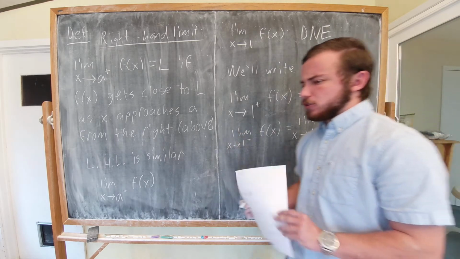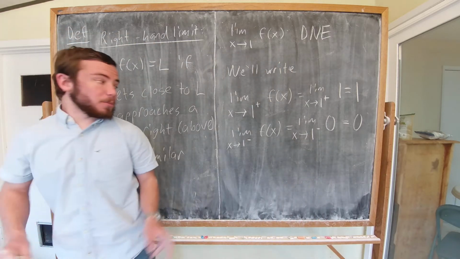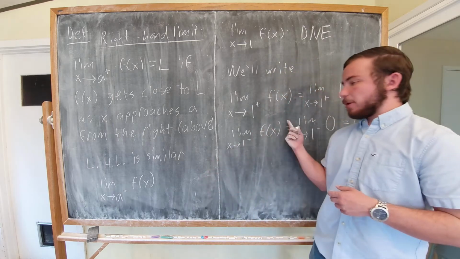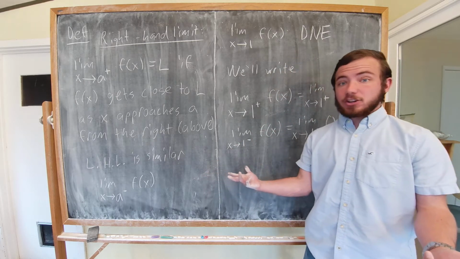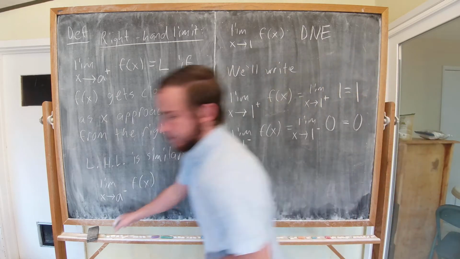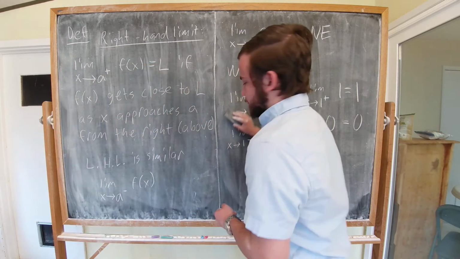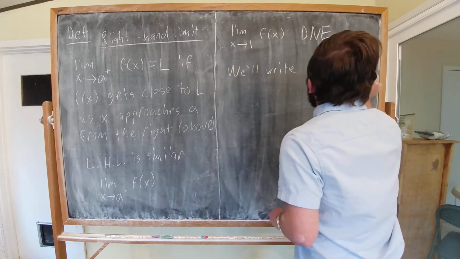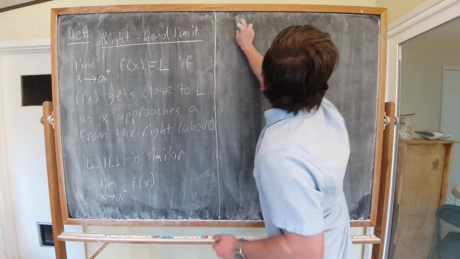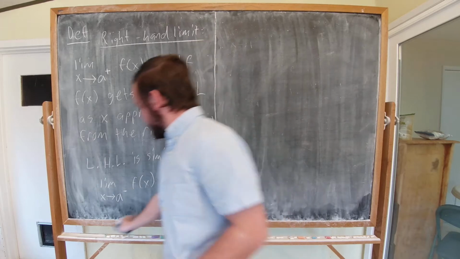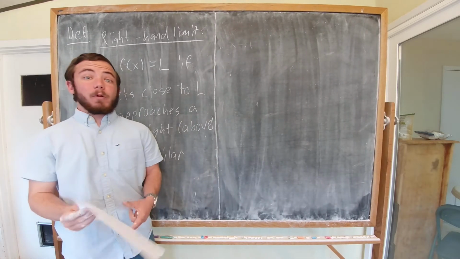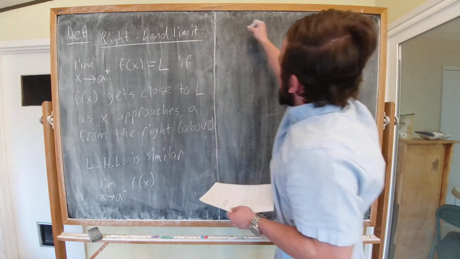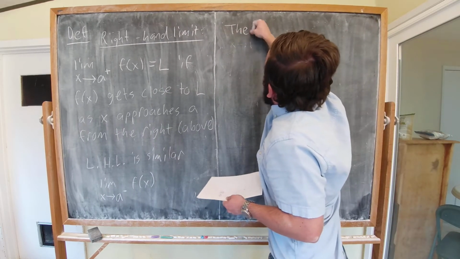Okay, so how do these two things relate to normal limits? Since for our example with the step function, we seem to have both of the one-sided limits, but the actual limit didn't exist. Well, what we're going to say is actually a theorem. It's a very nice theorem.